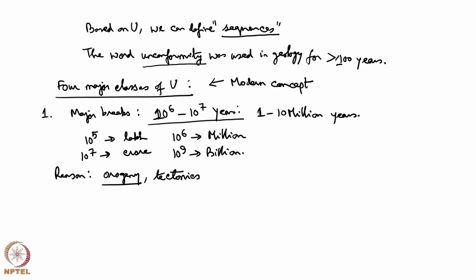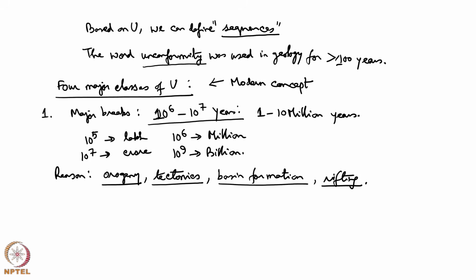Such unconformities can be linked with the tectonic movement, the basin formation, sedimentation initiation, etc. Then we can also write orogeny, tectonics, basin formation, and when we say basin formation, one of the ways can be rifting. All these can be linked. All this can produce in some cases major unconformities giving 1 to 10 million year time gap.